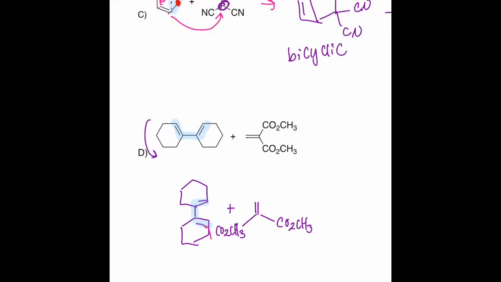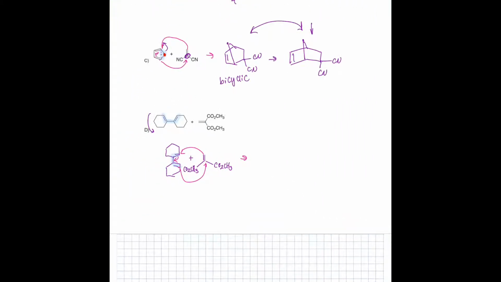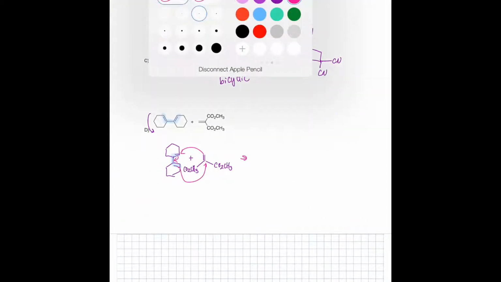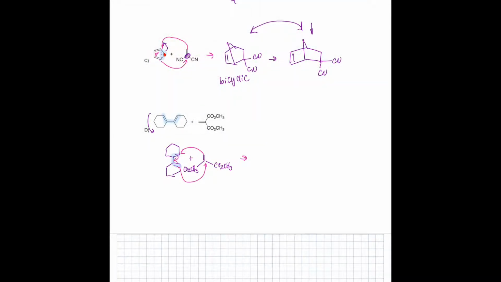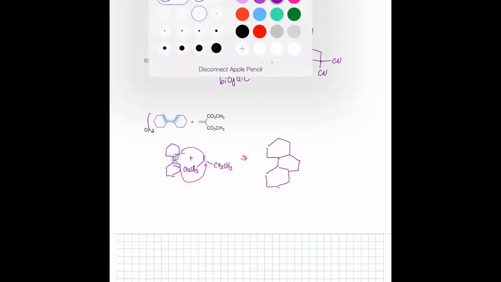So I'm going to number it 1, 2, 3, and then you can just draw our products. And I'm going to draw our product out right now. Every single time I do this, I want to draw the skeleton of it out. Like that. And those are the 2 carbons right here.